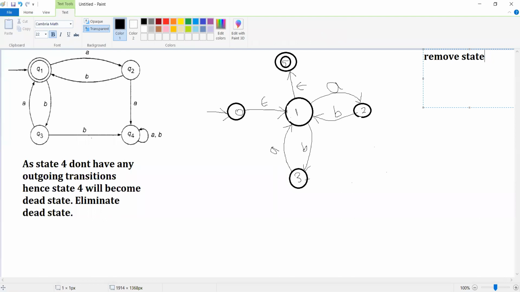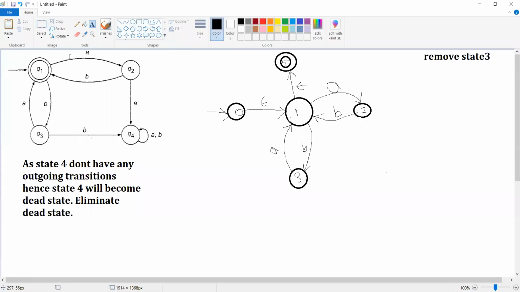Now when I remove state 3, please observe. Let me take the red color. It has one incoming transition and one outgoing transition. When you remove this, what will happen? We'll get a transition from 1 to 1. What is the transition input symbol we have?